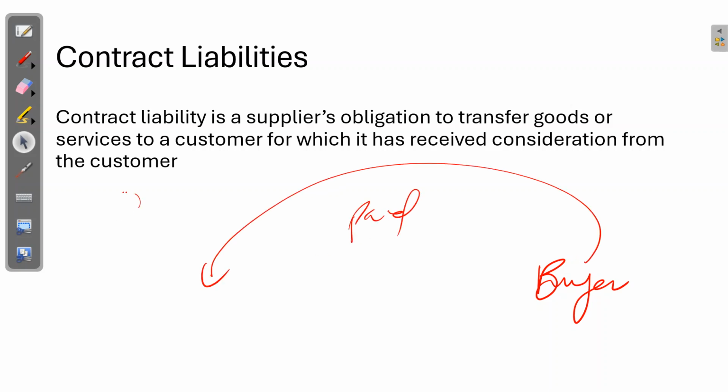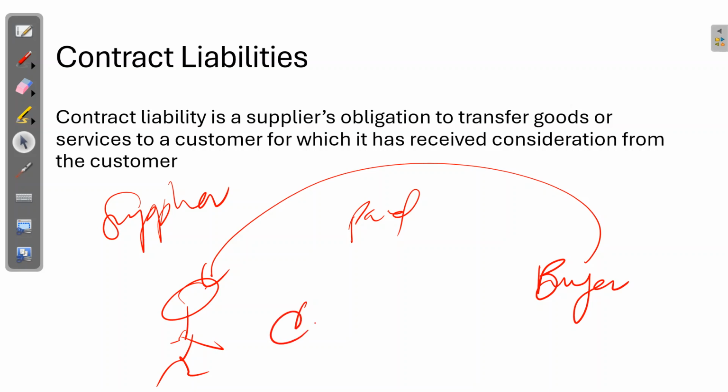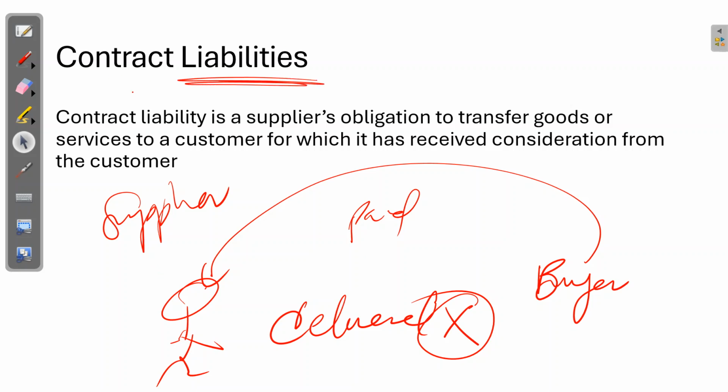The supplier has received the money, but he has not delivered the goods. He is holding the customer's money. So it becomes what? Contract liabilities. But the agreement has not been finalized too.